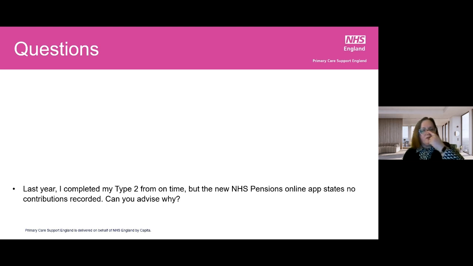This question is about someone who's completed the Type 2. It was all processed fine last year, but they've gone to the NHS pensions app and there are no contributions there for 21-22. The reason that occurs is because the NHS pension system needs to be updated sequentially, and that's just a system restriction.